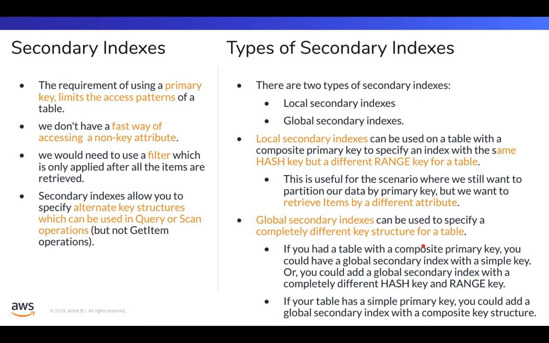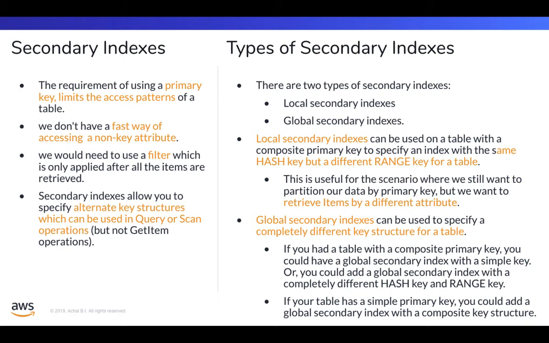So a global secondary index is exactly the opposite of a local secondary index, right? It gives you an opportunity to create your own simple key, or your own composite key, which is not the same as the primary key.